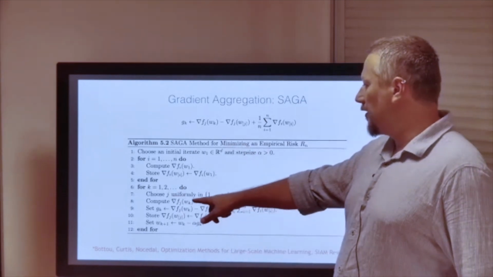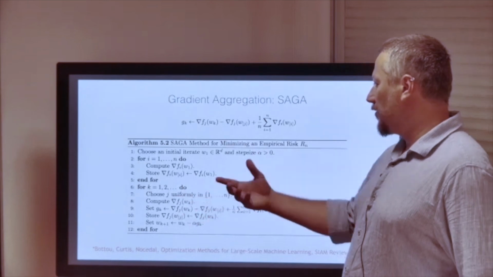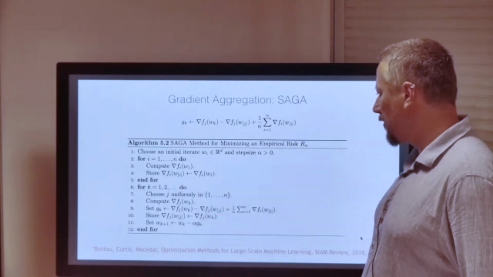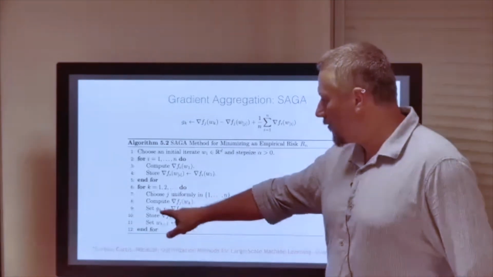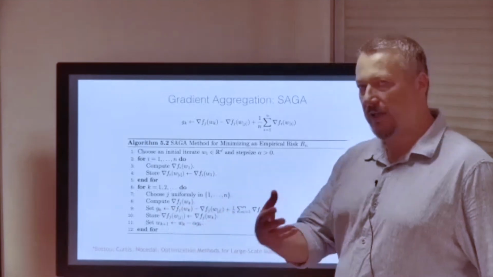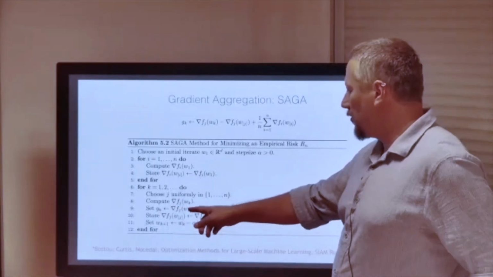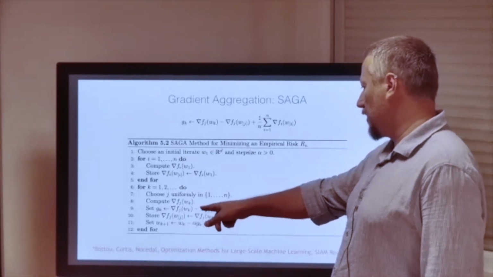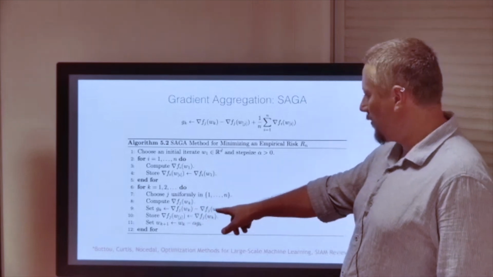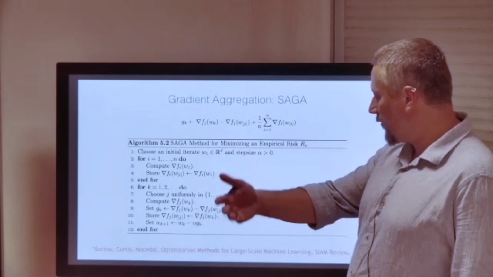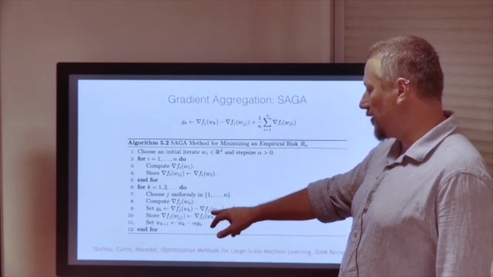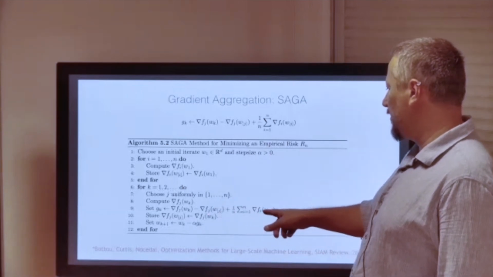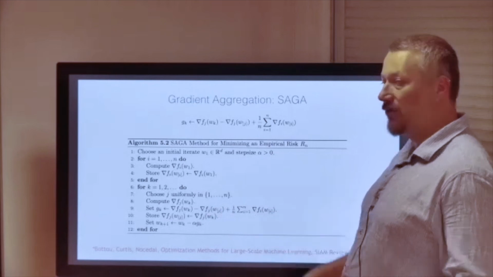You calculate the gradient of the loss function evaluated at that data point at the point omega_k. Then you set up your g_k as follows: you use the gradient of f_j at omega_k, subtract the gradient stored in the previous steps with index j, and add the average of the gradients that you have already stored.